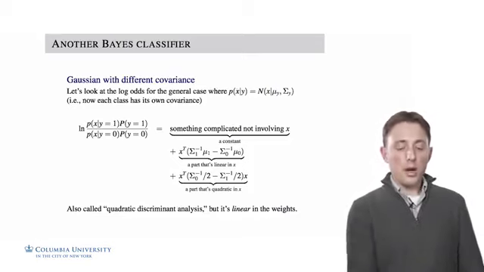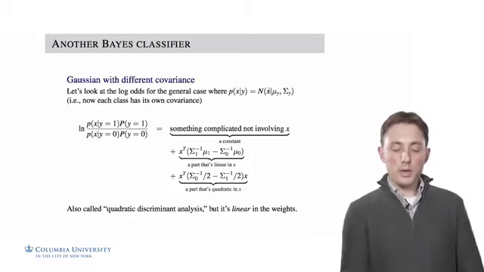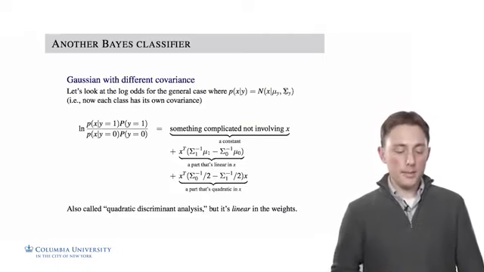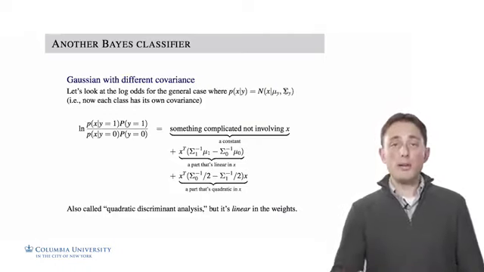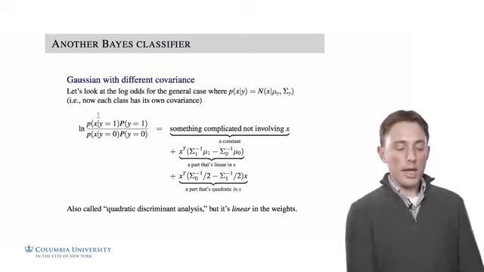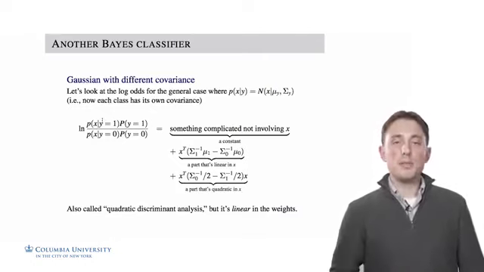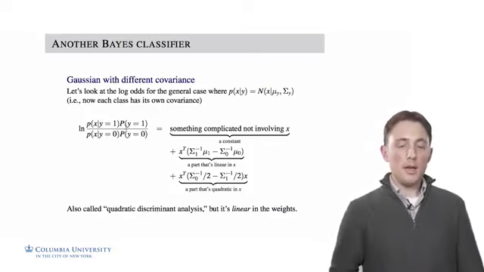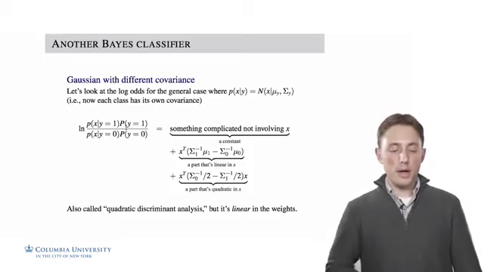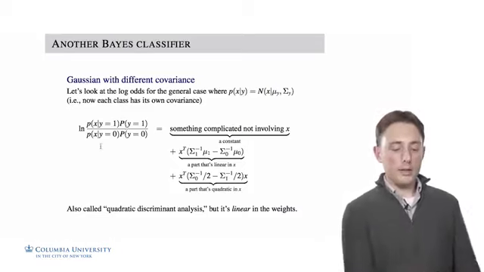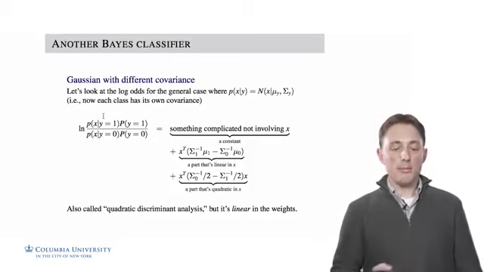If we look at the log odds for a specific case where the class conditional density is a multivariate Gaussian with a mean and covariance specific to that class, and we now assume that we have two classes, class 0 and class 1, and we input the class-specific Gaussian density here and here for the two classes, as well as the class priors, and we actually calculate this mathematically.